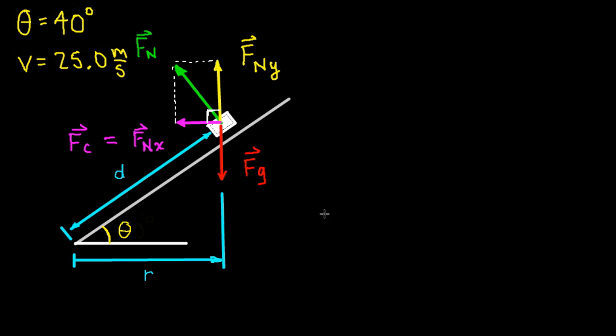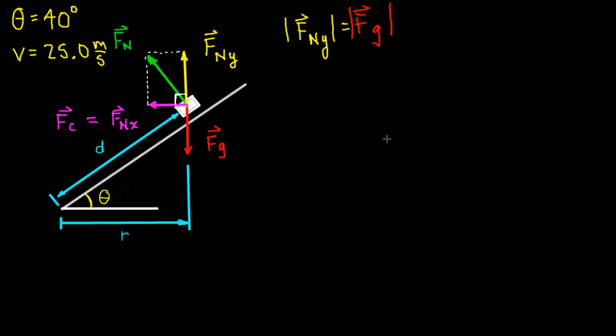So those are equal to each other. And so from that, we can also conclude that the vertical component of the normal force, vector Fny, if we look at that magnitude, has to be equal in magnitude to the gravitational force, vector FG. So when we look at the magnitudes of those two forces, they have to be equal.